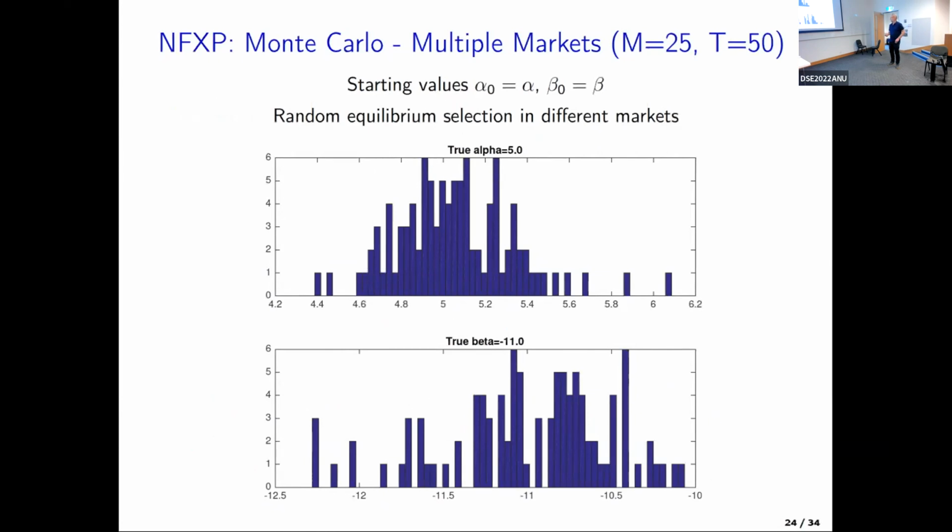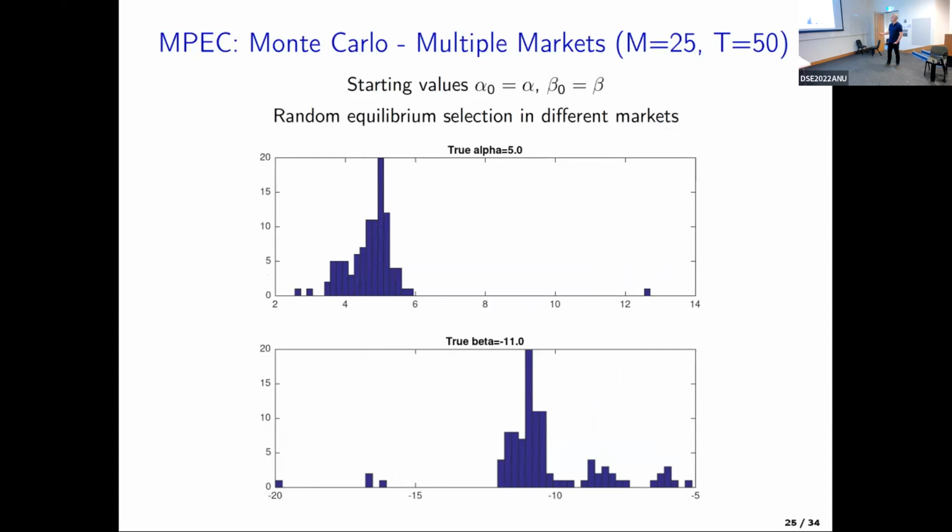That's another graph. Here's what you get for MPEC. Sometimes it shoots off and finds crazy numbers. You see there are some blocks out here with parameters that are far away. What I want to emphasize is that these are solutions to this problem.